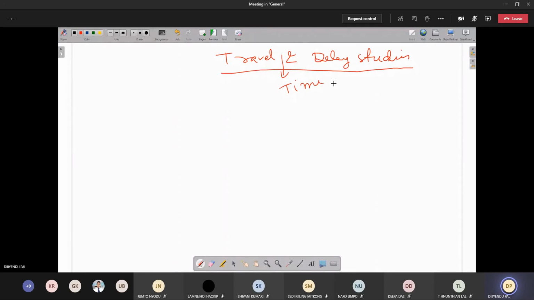Now within the travel time there is another component, that is called running time. What is this running time?